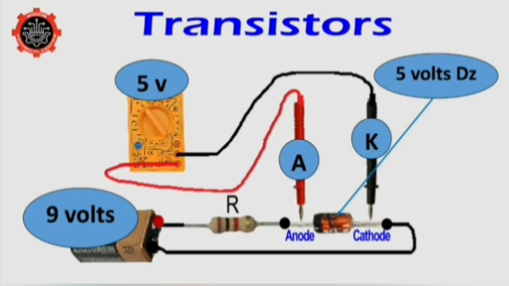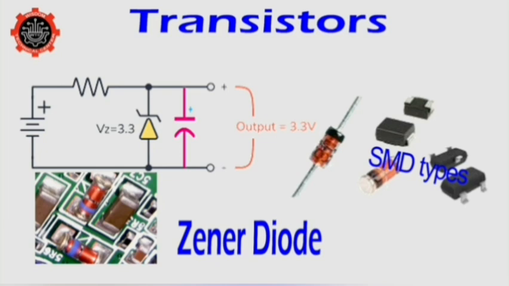Voltage regulation is very, very important because in electronics, the proper operation of electronic circuits is critical on having a constant voltage. So by using a Zener diode in power supplies, it gives us constant voltage outputs, which makes our circuit very, very stable for us.